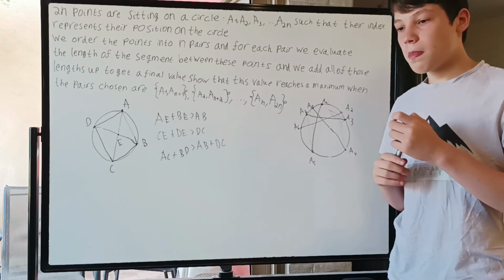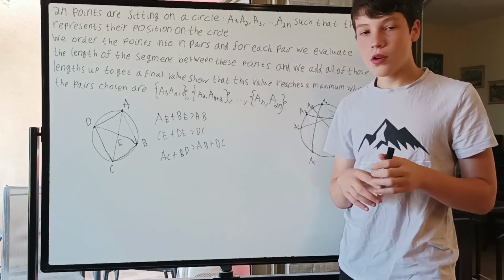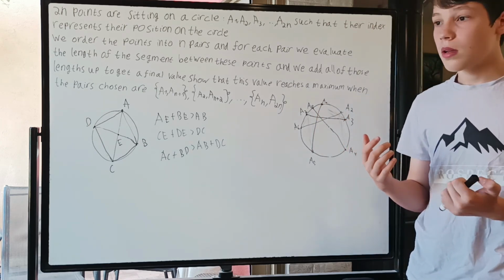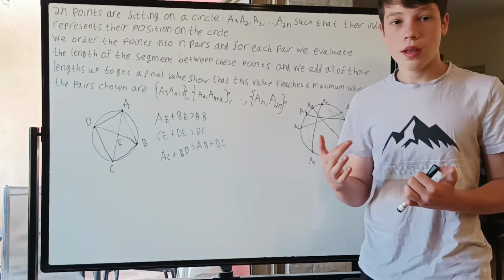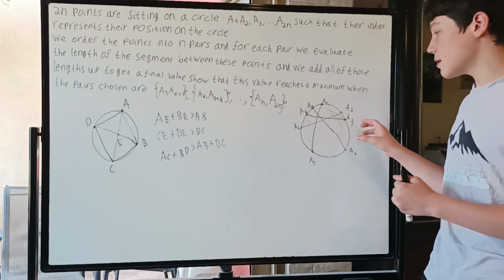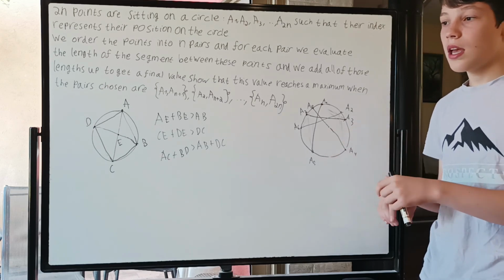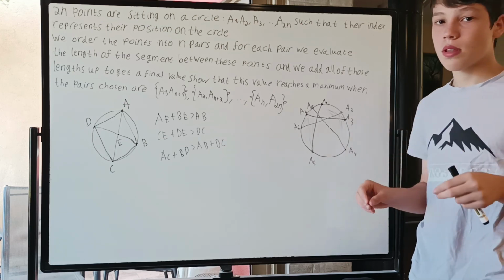And so now, to reiterate why that actually solves the problem. The game we played is: take two segments, and if they weren't crossing, change the endpoints so that they are.